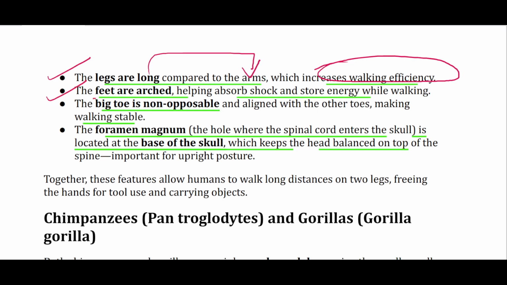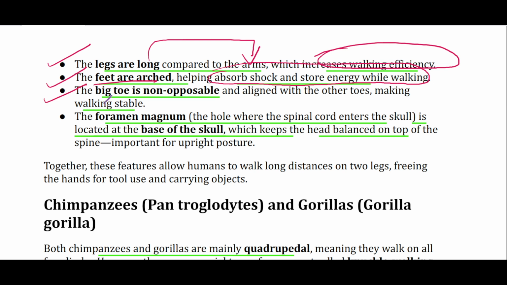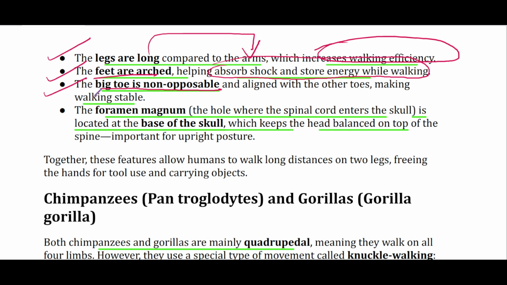Then we have arched feet, meaning the foot is not completely flat, and this arch helps absorb shock and store energy while walking. Then our big toe is non-opposable. Big toe means the toe of the foot, and this non-opposability makes walking stable.